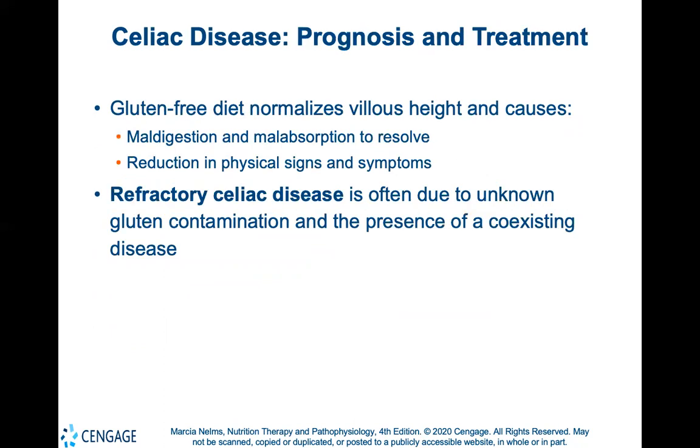A gluten-free diet normalizes villus height, so maldigestion and malabsorption should resolve, with reduction of the physical signs and symptoms. Refractory celiac disease is often due to unknown gluten contamination in the presence of coexisting disease.